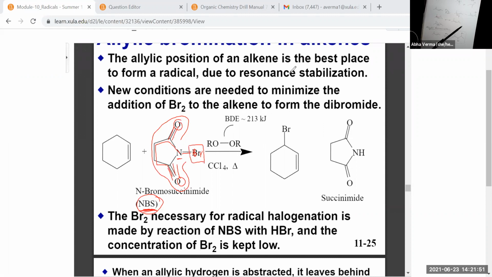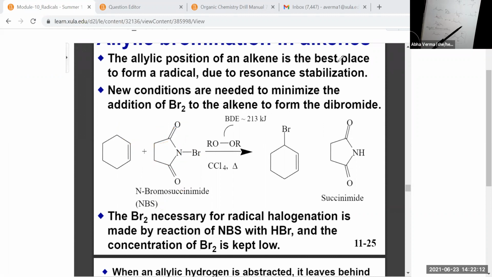Now, instead of having the dibromo kind of an entity, we have just bromine. So the concentration of bromine that we are releasing is very small. So the reaction will not occur here, it will occur here. That is the only thing.